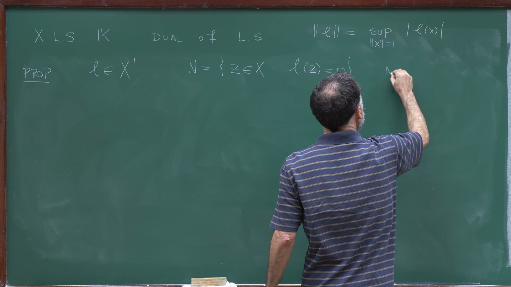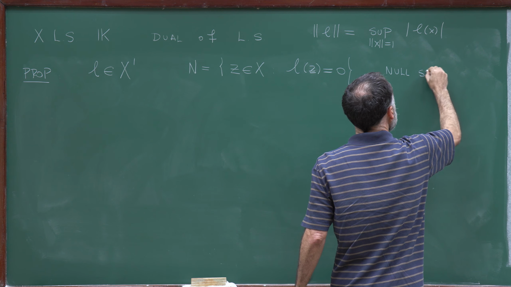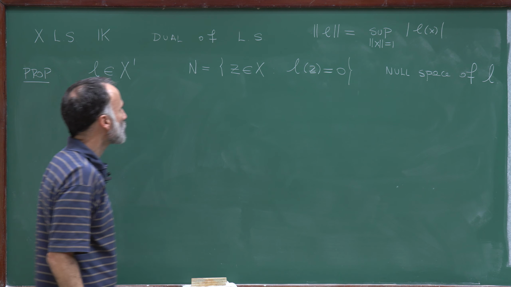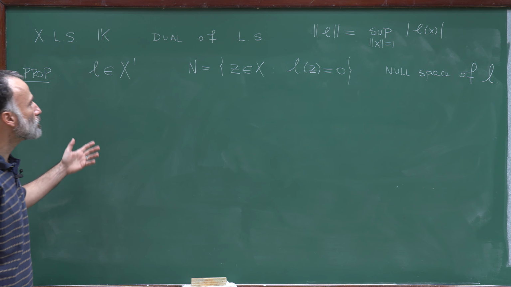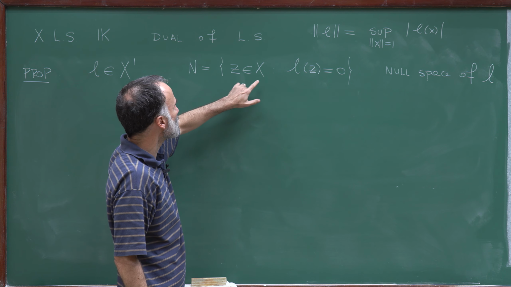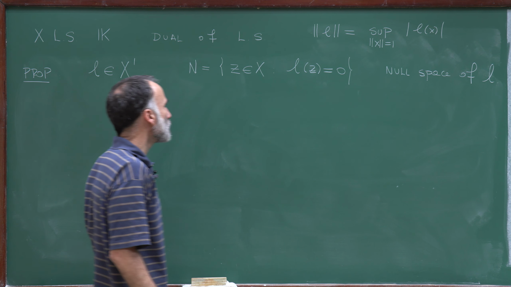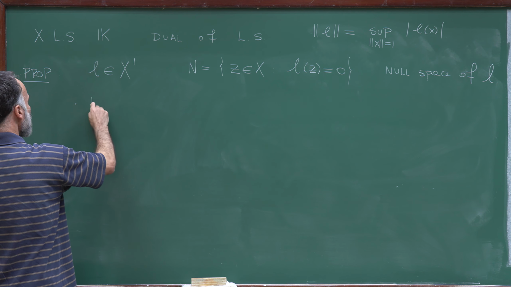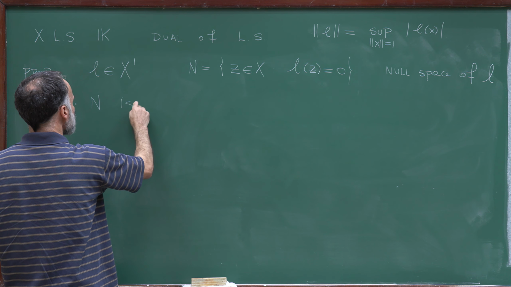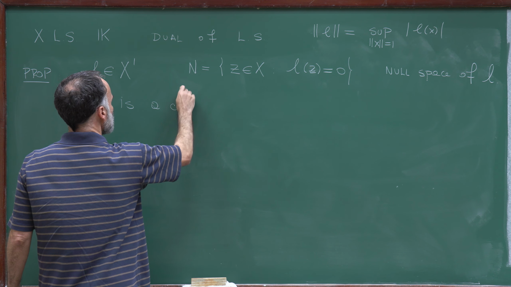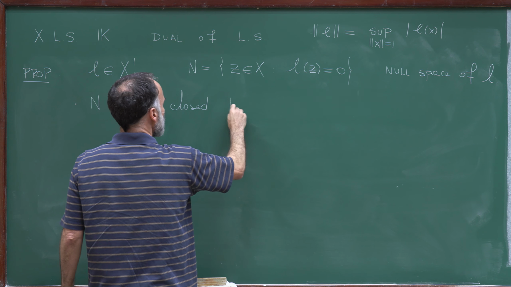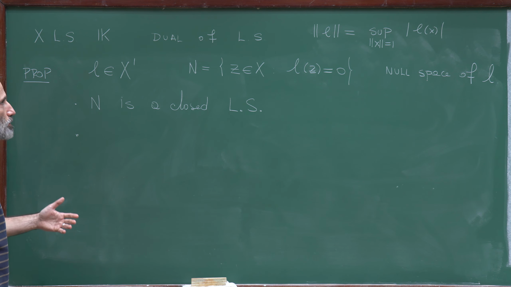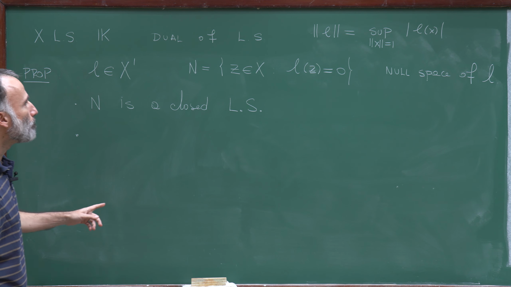And I will call that the null space of L. Right, so the null space of a bounded linear functional is simply the set of all points which are sent to 0 by that linear functional. And what I claim is that N is a closed linear subspace, and also that its codimension is equal to 1.